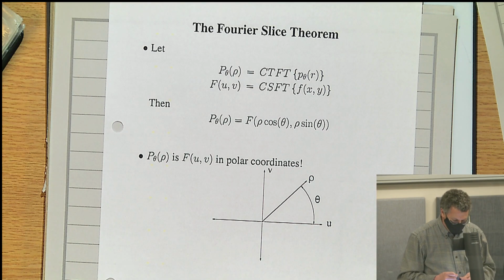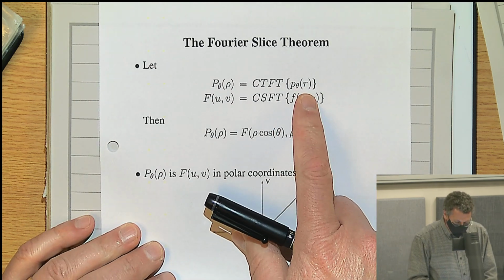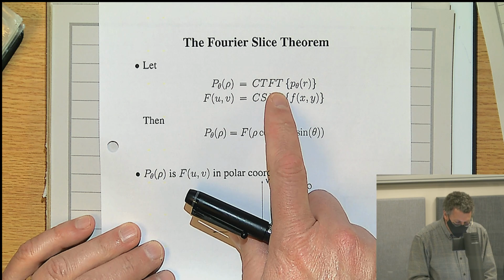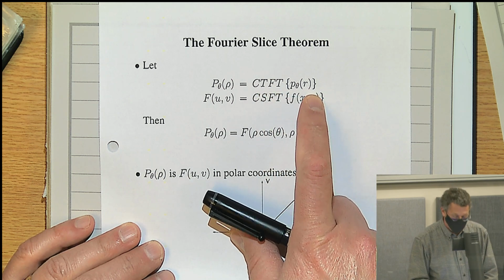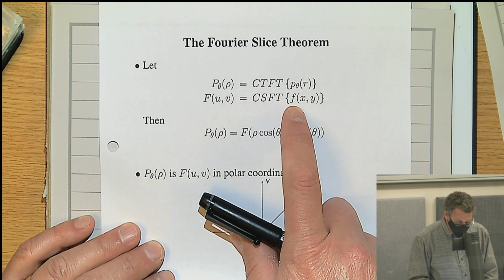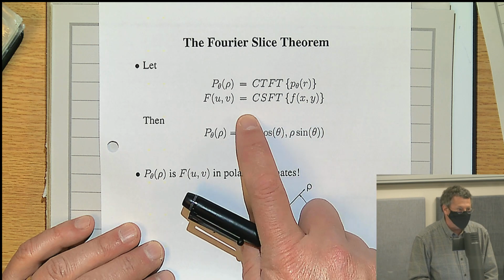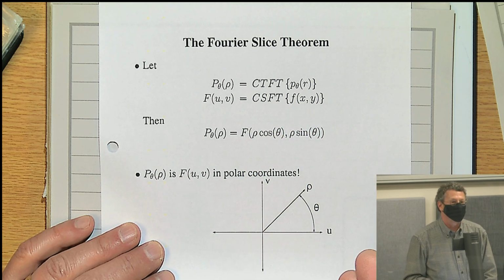Well, the thing that makes it all work is this thing called the Fourier slice theorem, which is a little miracle. Okay? It's kind of a beautiful thing. It turns out that if you take the continuous time Fourier transform of the projection, and you take the 2D transform of the image, they're related by a simple polar coordinate transform.